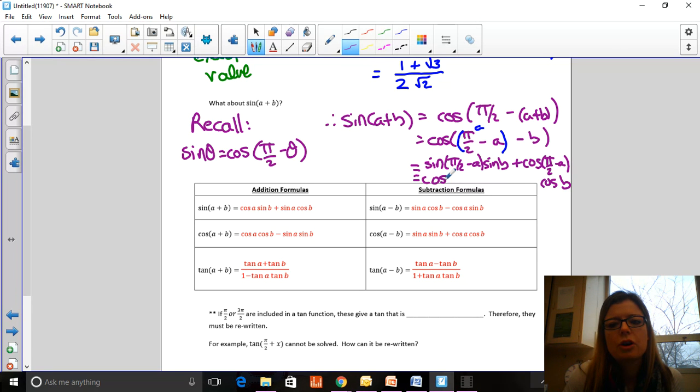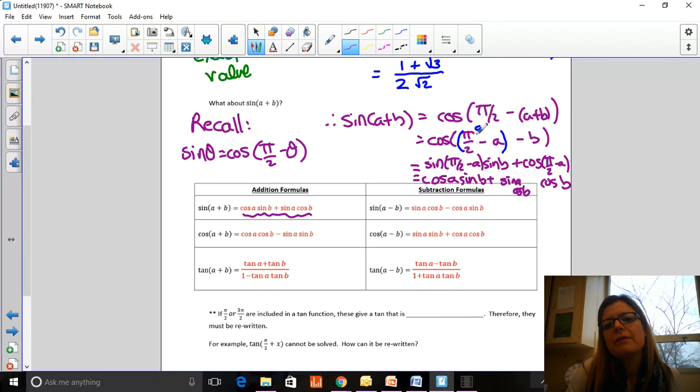So this is just cos A sine B plus sine A cos B, which is what we have written here. We just developed this guy right here, using co-function identities and the fact that we already developed this one.